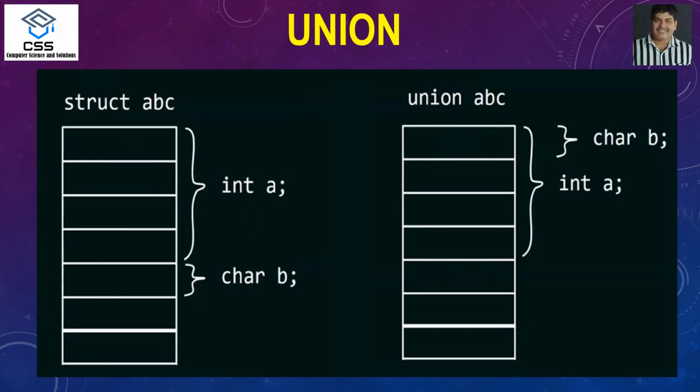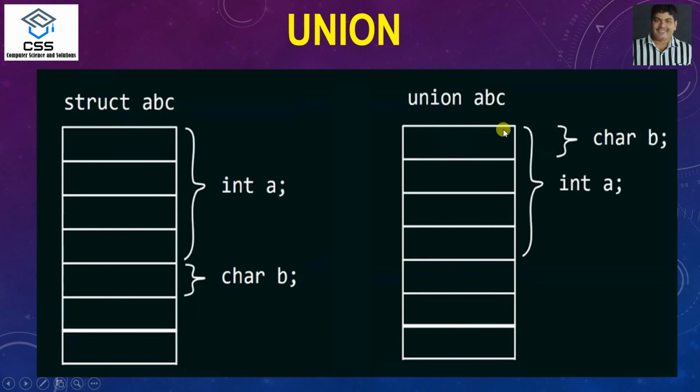So how is the memory represented? Suppose this is a structure, one integer. Suppose it takes, according to the version, 4 bytes, and a character 1 byte, meaning 4 plus 1 will be taken. In some versions, integer will take 2 bytes and character 1 byte, meaning it will take 3 bytes. Similarly, if we take a union, then what happens? Within the integer, the character will be stored.